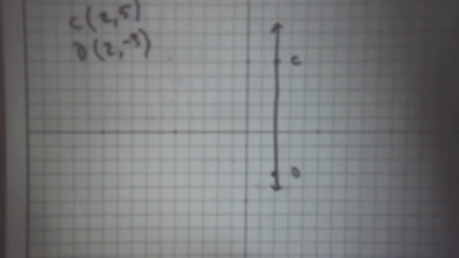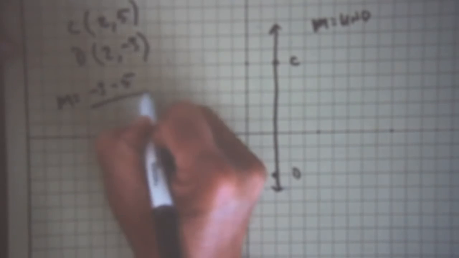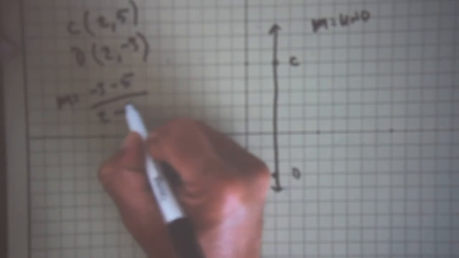And by default, we know that, well, all vertical lines have undefined slope. The slope is undefined specifically because if I were to calculate the slope, again, y2 minus y1, so -3 minus 5 over 2 minus 2, x2 minus x1.